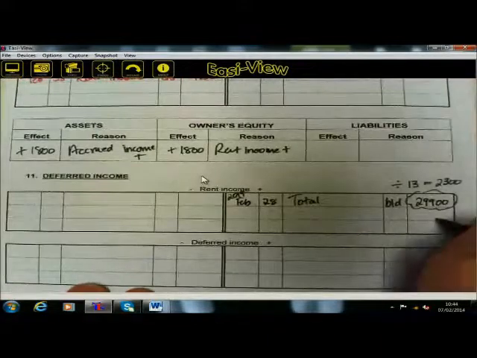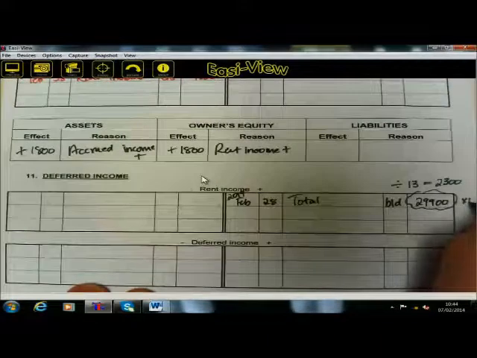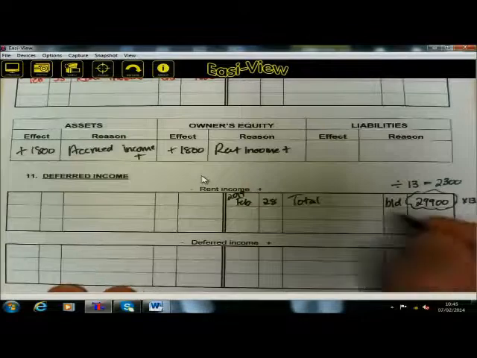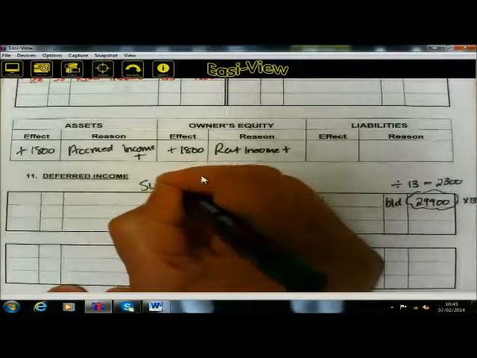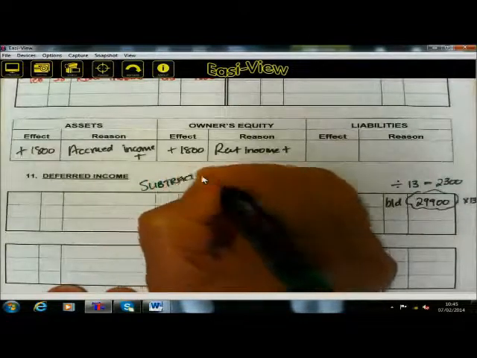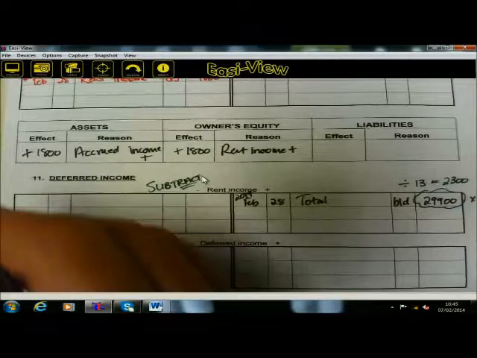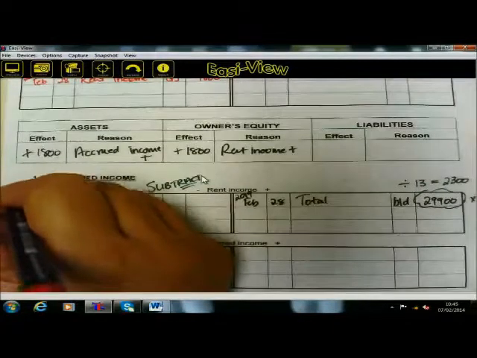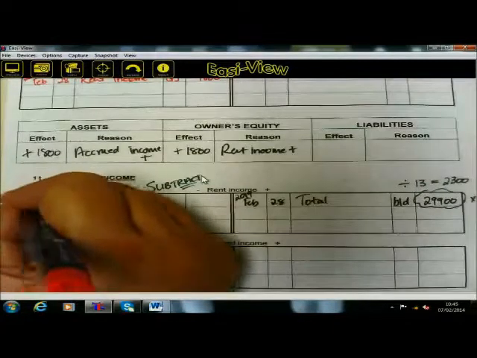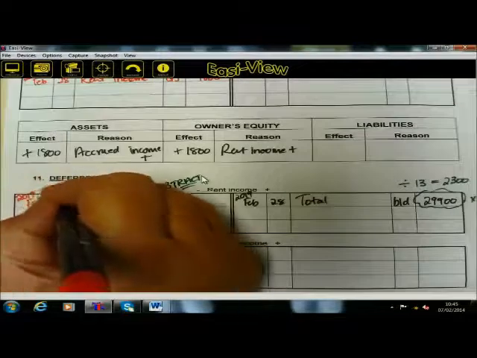Are we going to add or subtract? If you add, then you make the 13 months more. You are going to subtract. You're going to subtract 1 month that was paid in advance. Received in advance. 2019, February 28.